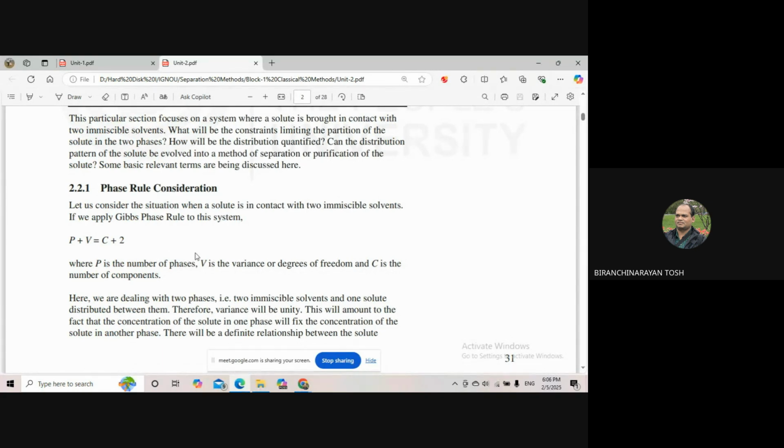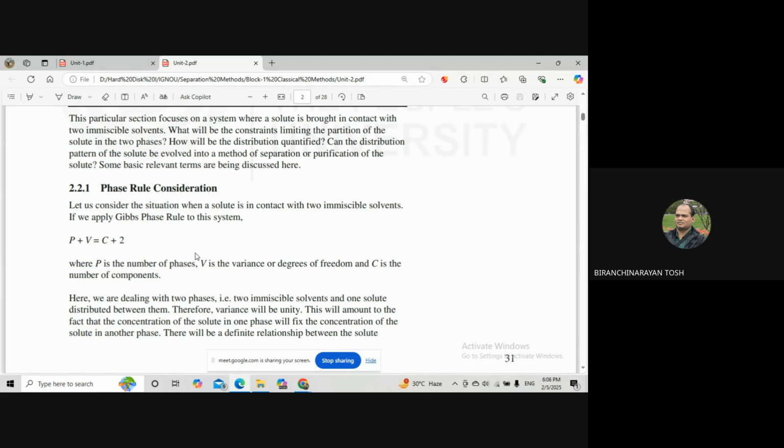So phase is that part of the system which is uniform throughout and can be separated from other similar parts of the system by a boundary or by a surface of separation, and there exists a dynamic equilibrium between the two phases.